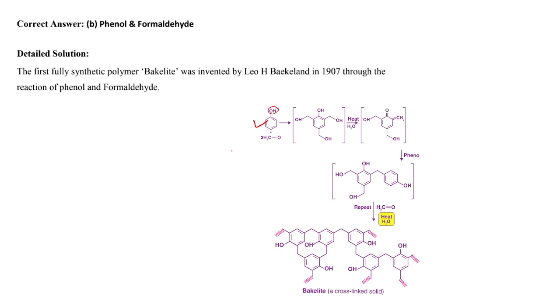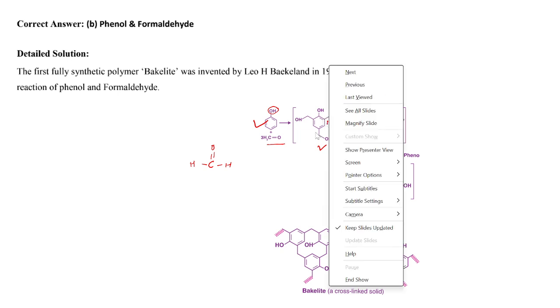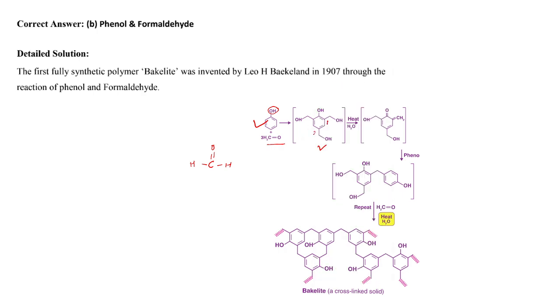And this is formaldehyde, one CO group, CH2O. Here 1 mole of phenol and 3 moles of formaldehyde react, first producing tri-substituted phenol, substituted at the first, second and third positions. When heated, water is removed, producing a double bond CH2 and a carbonyl CO group.